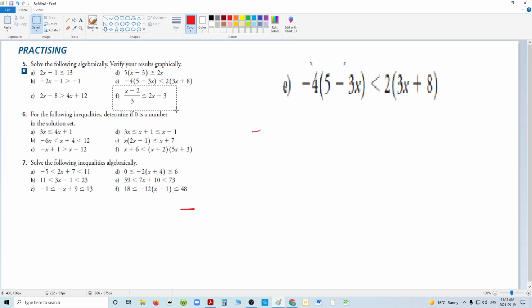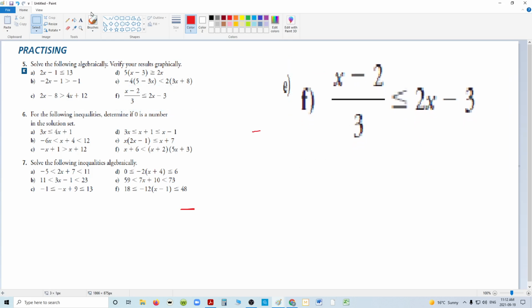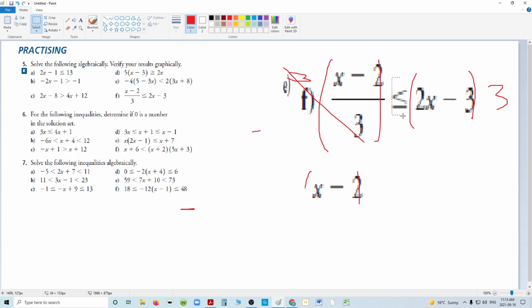Okay. How do you solve this one? It's much easier if you get rid of the denominator by multiplying both sides, put in brackets, by 3. It'll cancel out here, and I'm left with x minus 2 on the left side is smaller or equal than 3 times 2x, 6x, 3 times -3, minus 9. So we're really dealing with the lines x minus 2.